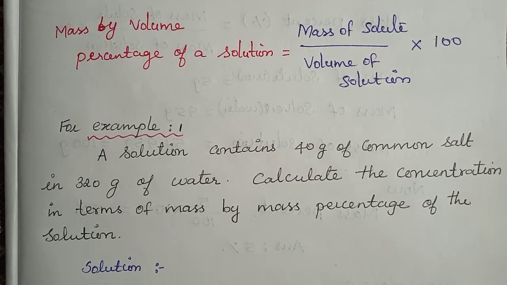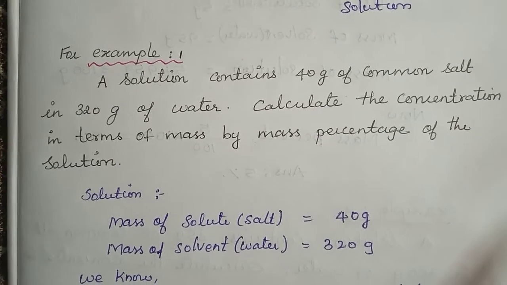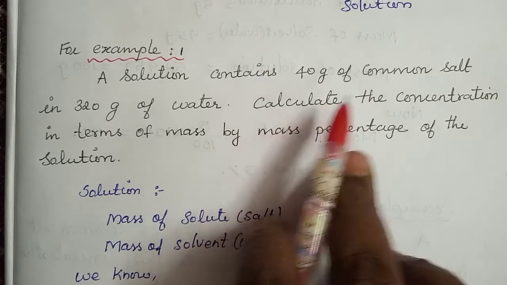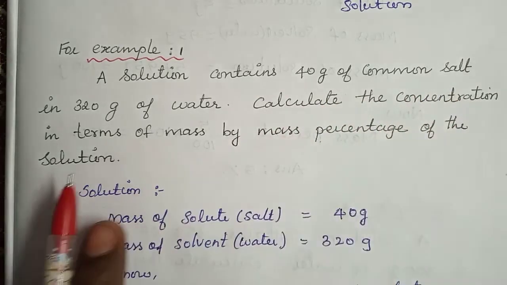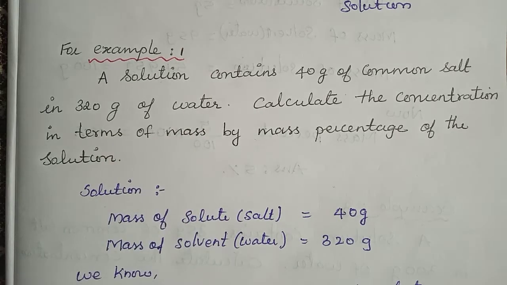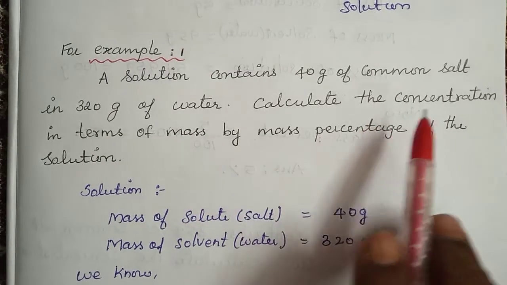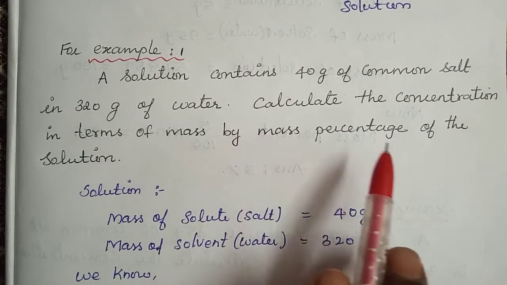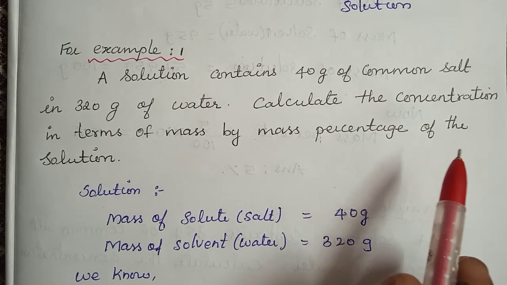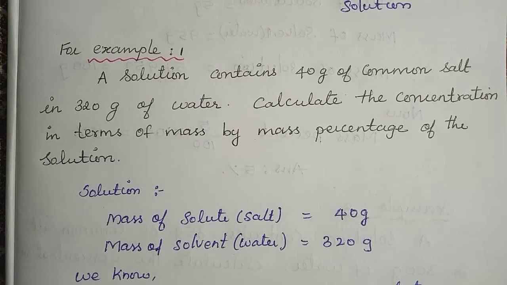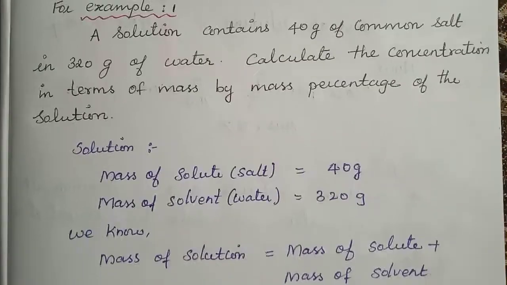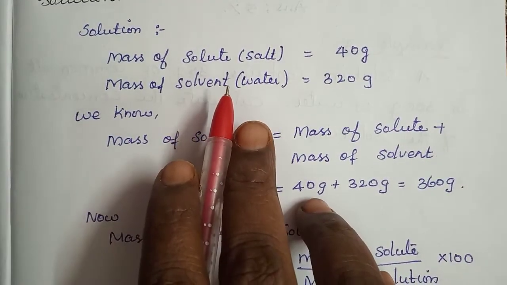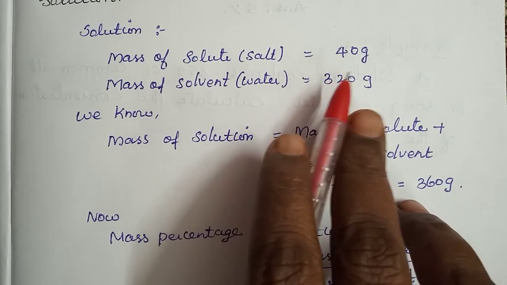For example 1: a solution contains 40 gram of common salt in 320 gram of water. Calculate the concentration in terms of mass by mass percentage of the solution. Solution: mass of solute, salt, is equal to 40 gram.